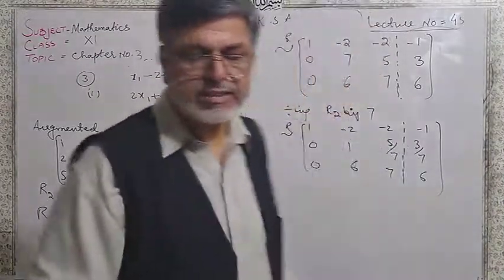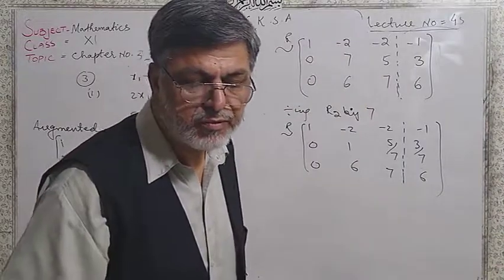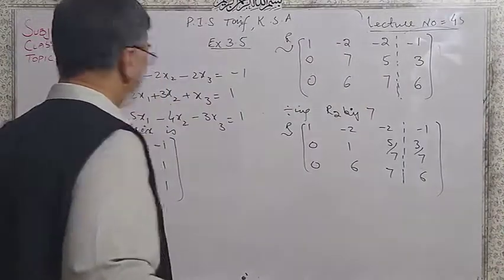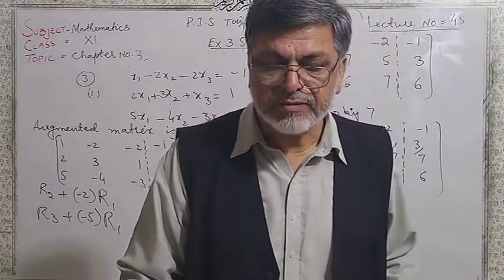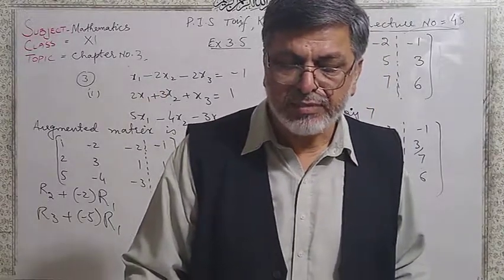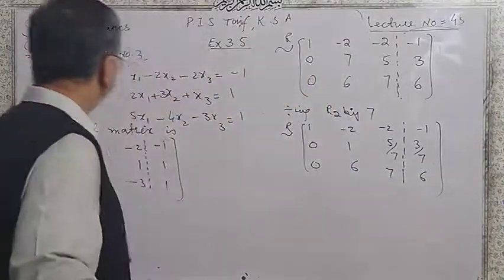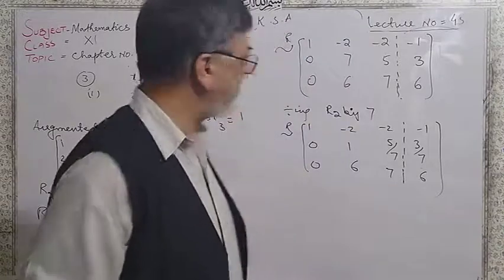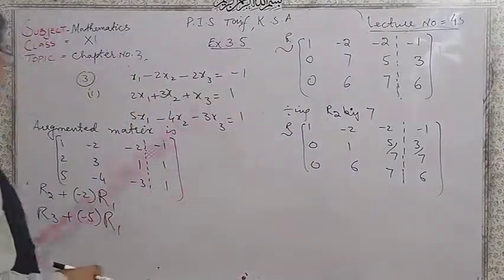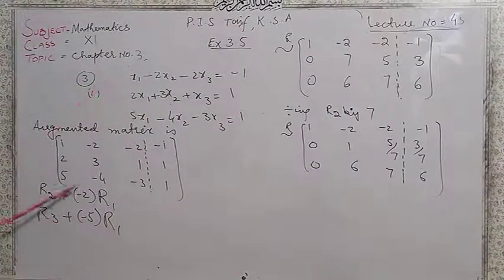This is what we did in question number 3: 5 minus 4 minus 3, and 2, 3, 1, 1 minus 2 minus 2. Yes, we have written correct.